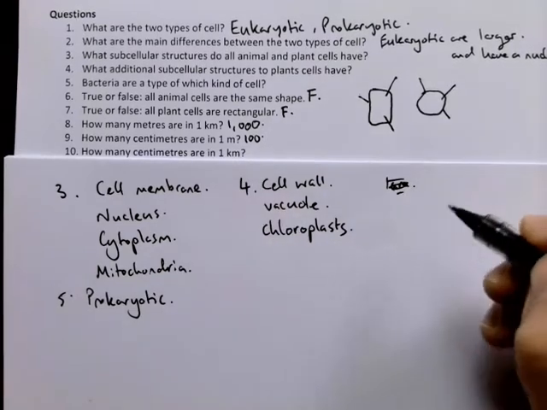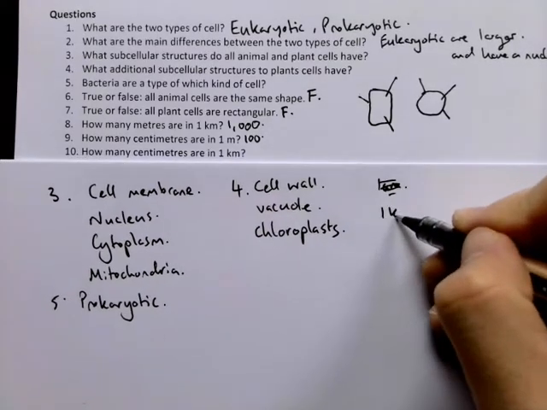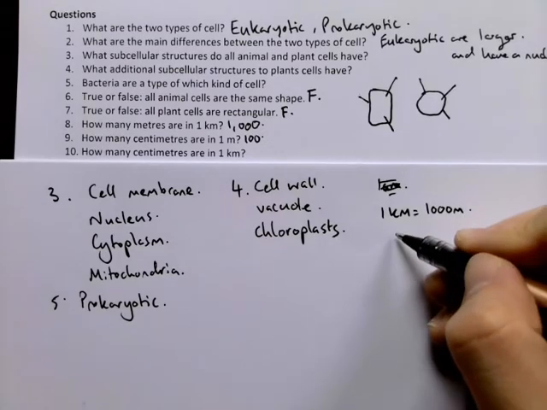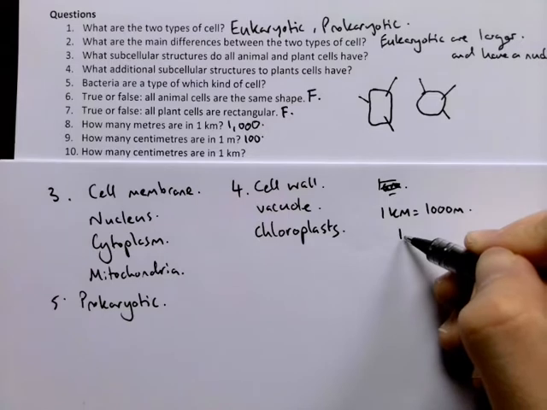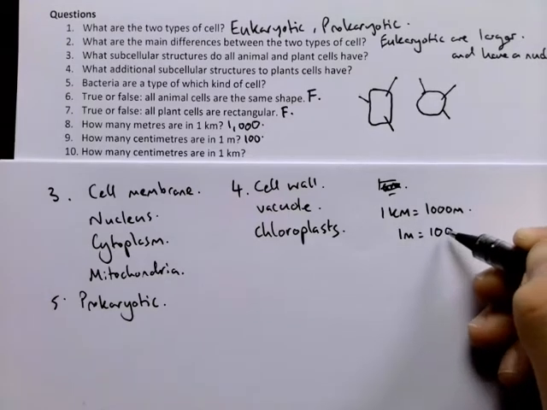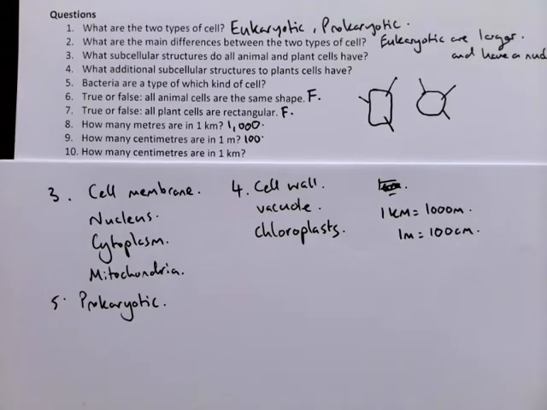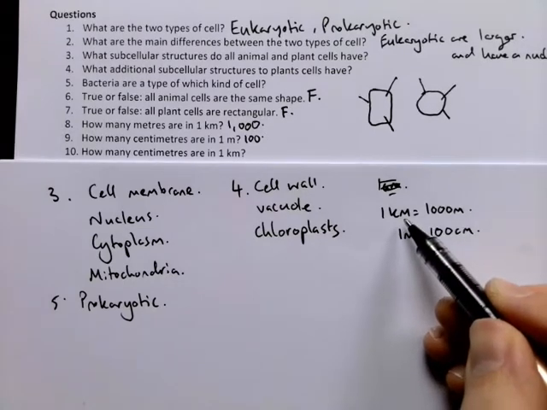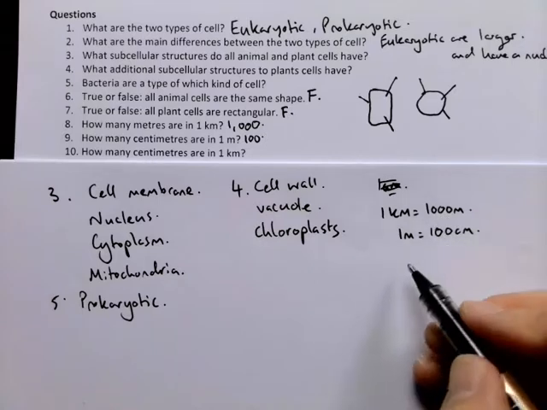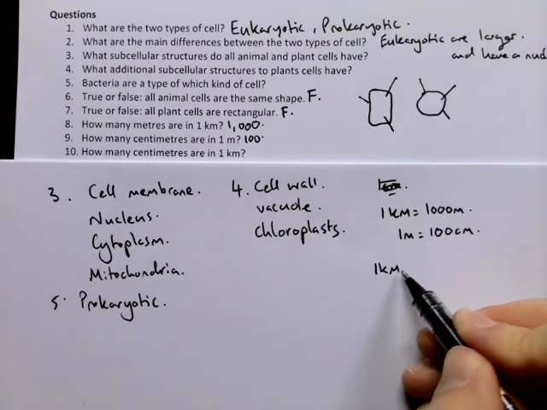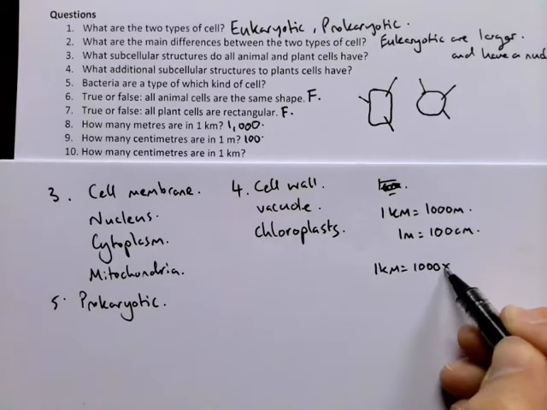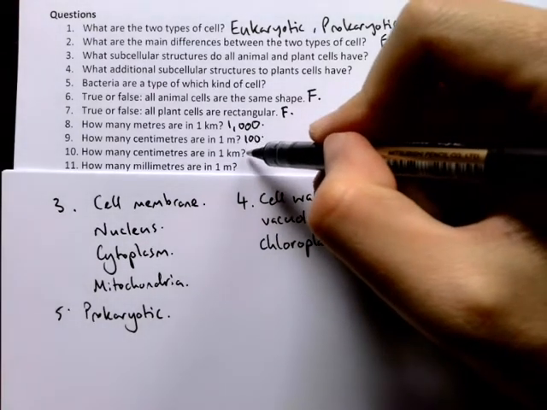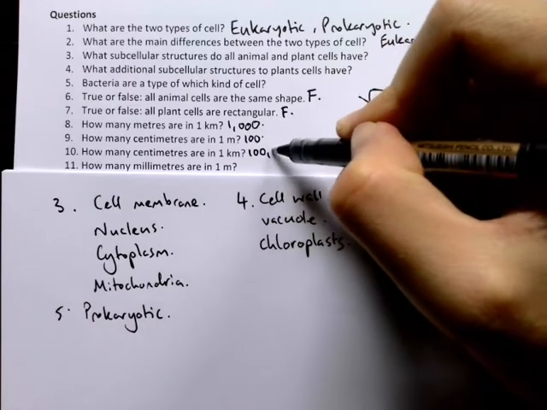So 1 kilometre equals 1,000 metres, and 1 metre equals 100 centimetres. So in 1,000 metres I'm going to have 1,000 times 100 centimetres. So it's going to be 100,000.